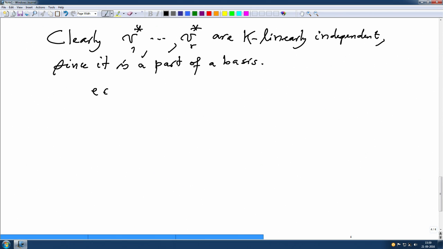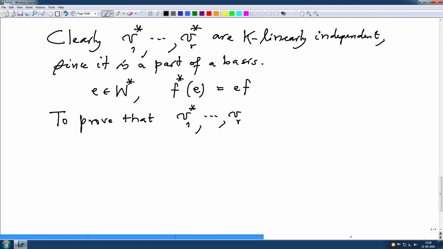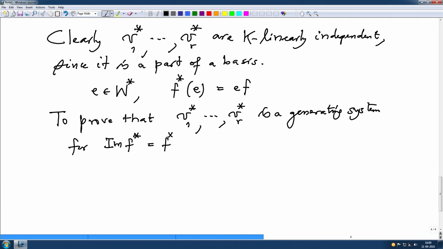If E is in W star, then I know F star of E is nothing but E compose F. We want to prove that V1 star to VR star is a generating system for the image of F star, which is F star of W star, a subspace of V star.